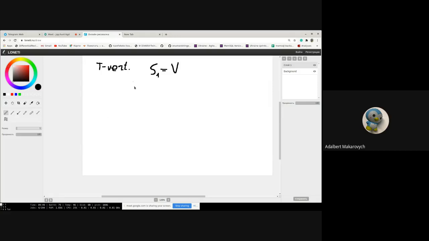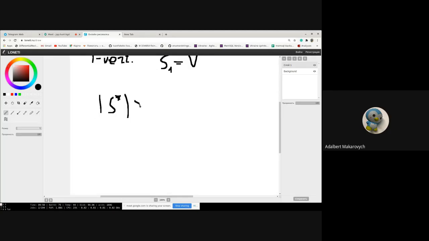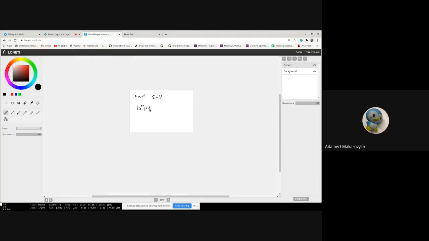Now, what we'll be doing for each step, we'll find in the set of T vertices an arbitrary T vertex with more than one G vertex inside. So we want to find some S star with more than one vertex.